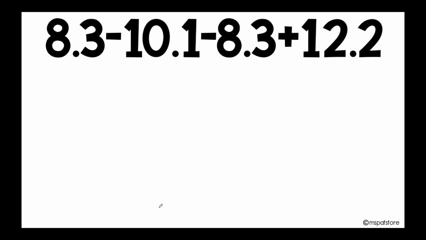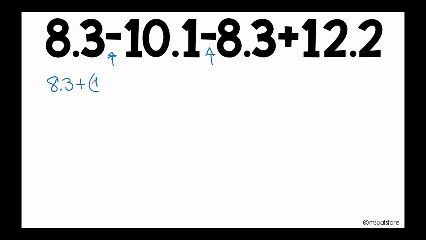So again, on this exercise, I have a mix of addition and subtraction. Whenever you see subtraction, you need to rewrite it as an addition by adding its opposite, okay? So I have here one subtraction and another subtraction over here. So I'm going to bring down positive 8 and 3/10 plus the opposite of positive 10 and 1/10.